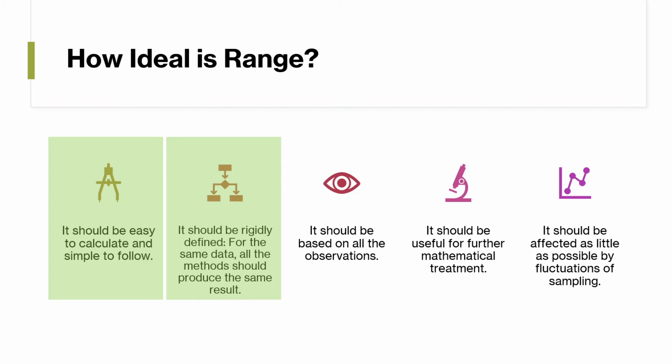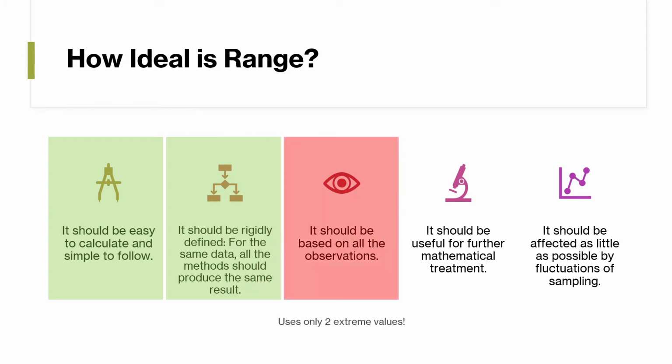But unfortunately, it is not based on all observations. It uses only the two extreme values, and since it uses only the two extreme values, it's useful mostly for small data sets. If your data set is too big, say 1000 or 2000 values or even 100 values, range might not give you really good insights.